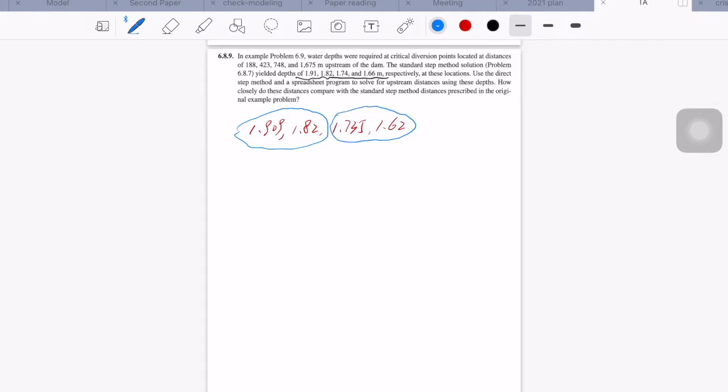So we will use the direct step method and a spreadsheet program to solve for the upstream distances using these four depths. And we can still use the Excel file on the cross site to solve this problem.